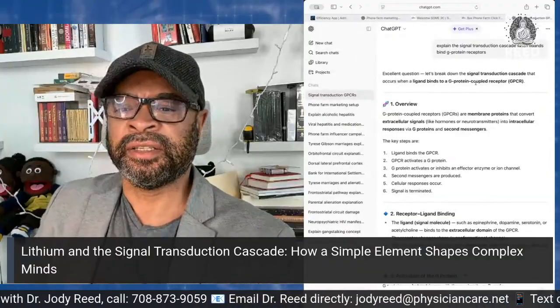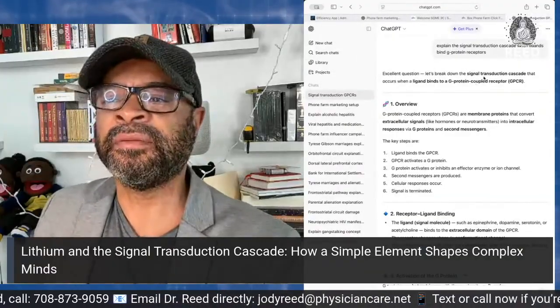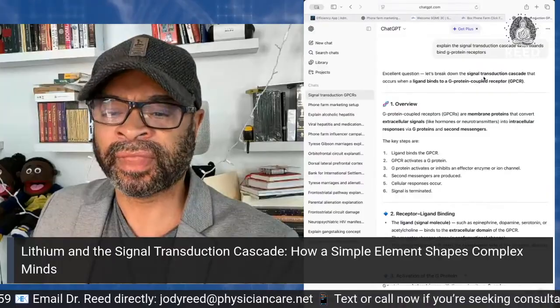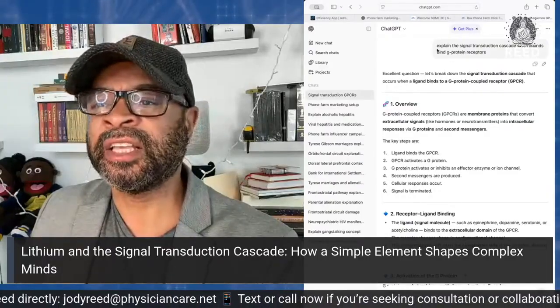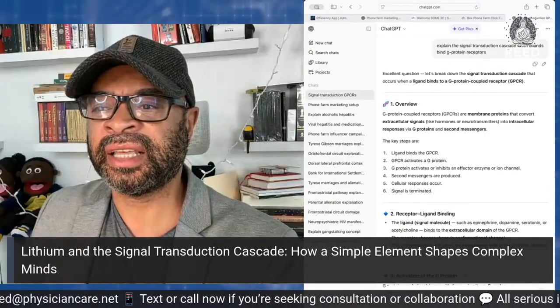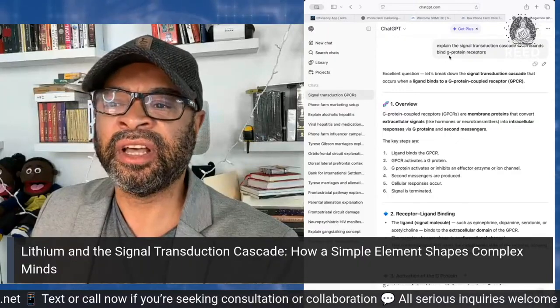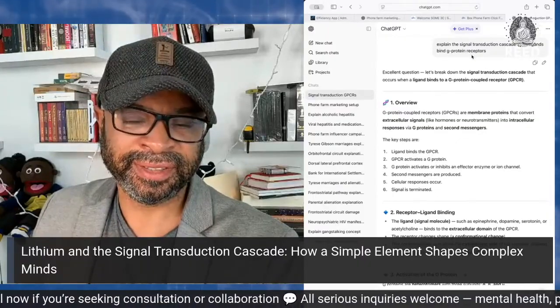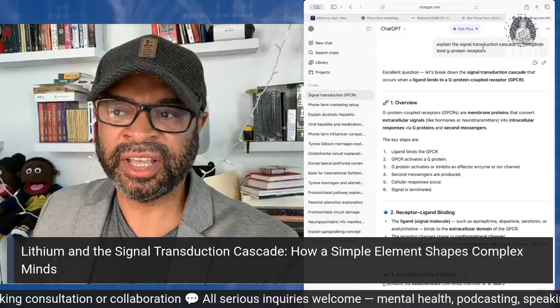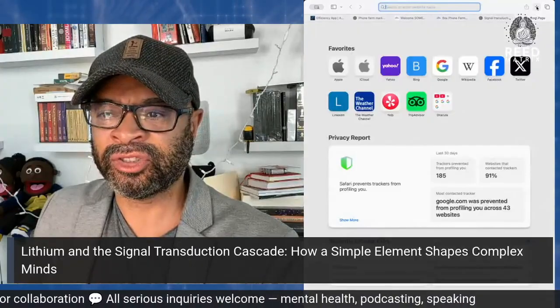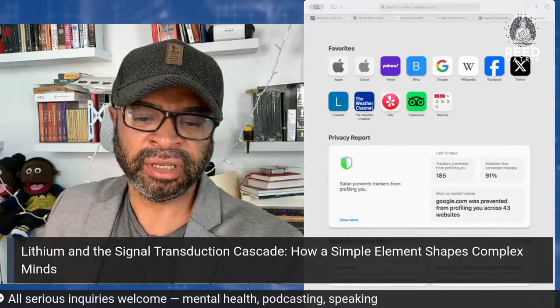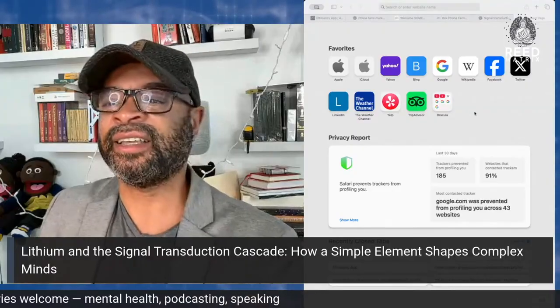Okay, so let's look here. Explain the signal transduction cascade when ligands bind G protein receptors. Here's the signal transduction cascade. Before I go further, let me pull up an image of the signal transduction cascade so you know what I'm talking about.